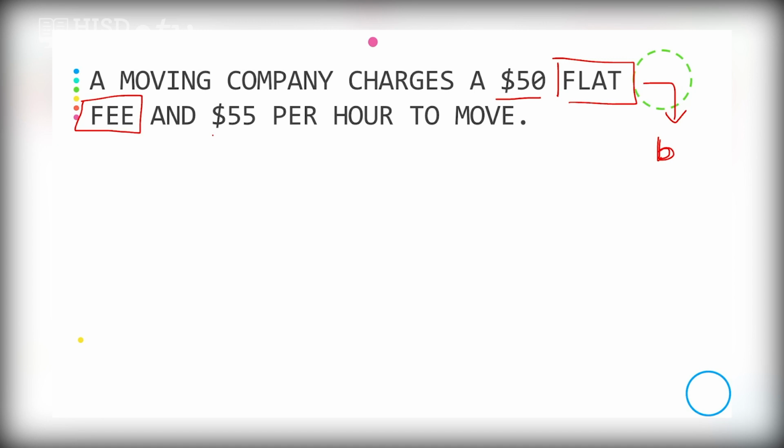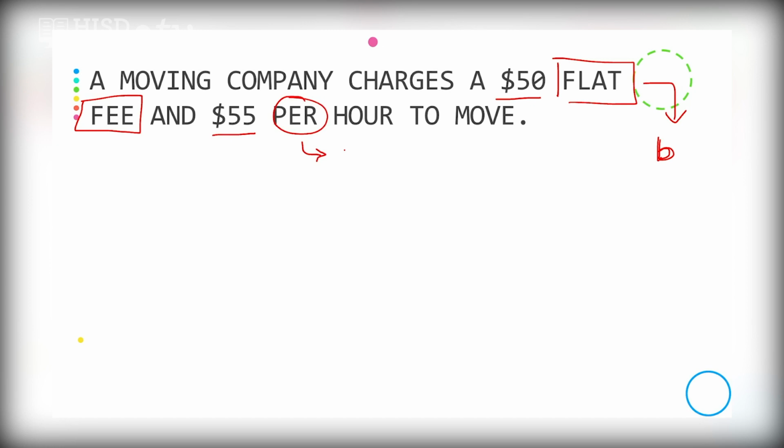The next number is $55, and that is what the moving company charges per hour. In other words, this is a repeatable variable that is going to depend on the amount of hours that the moving company takes to move the items.